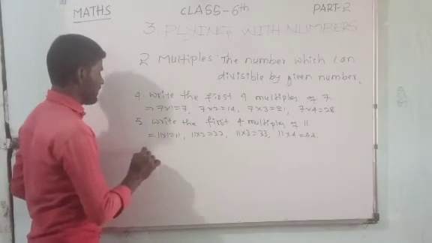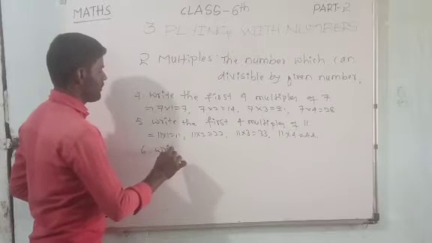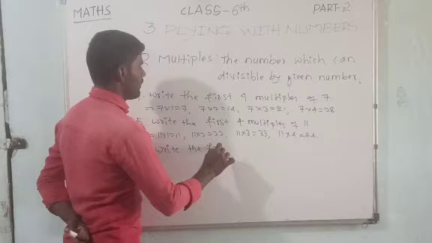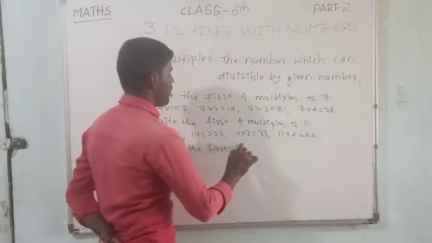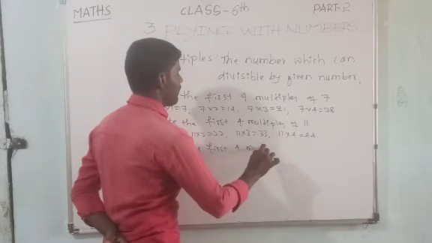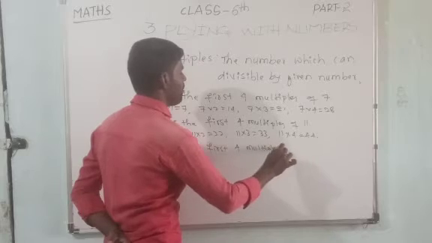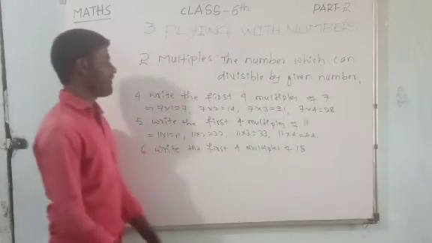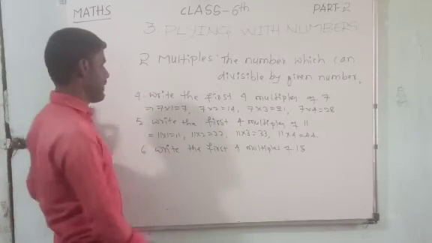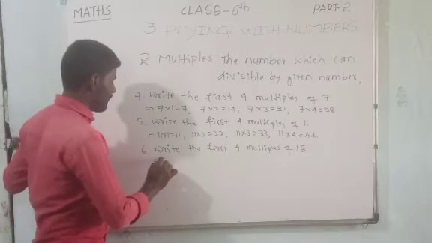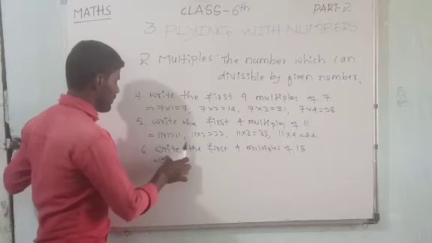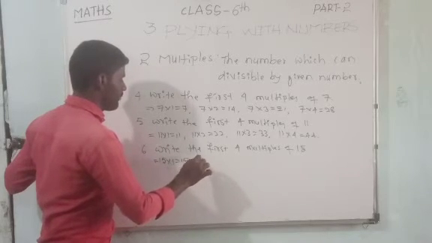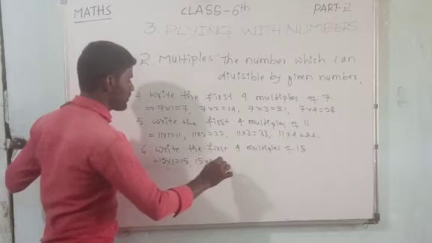Example 6, dear children. Write the first four multiples of 15. 15 into 1 is equal to 15. 15 into 2 is equal to 30.